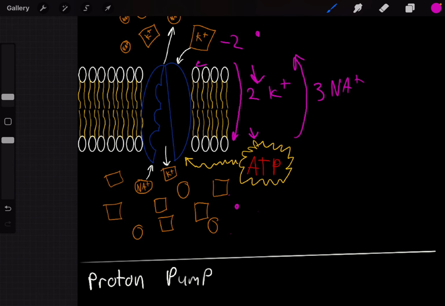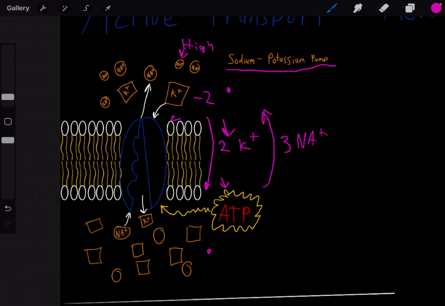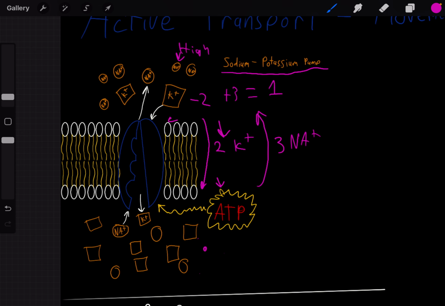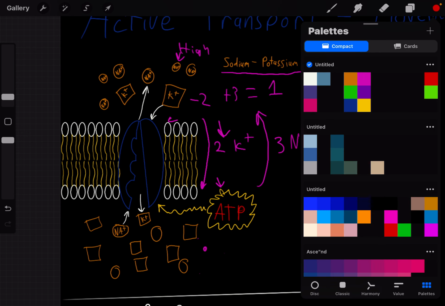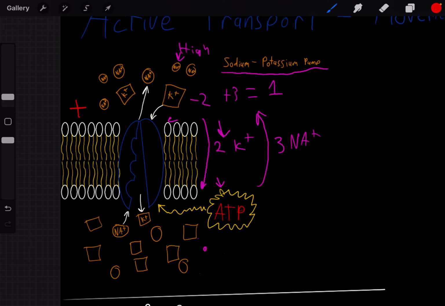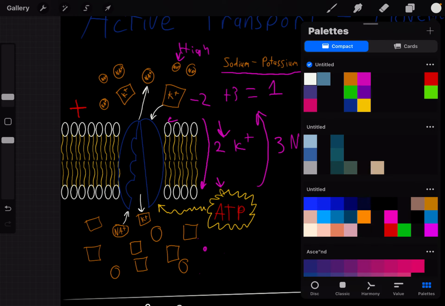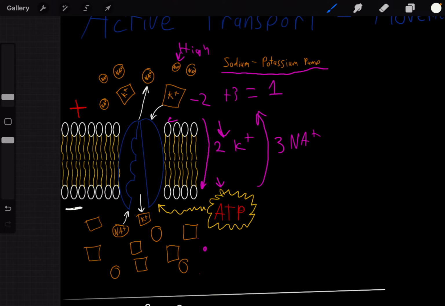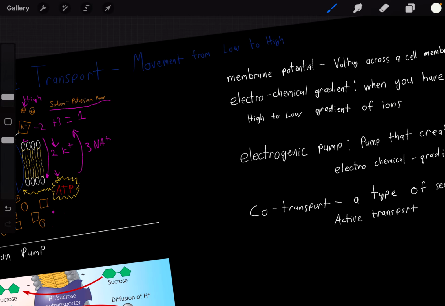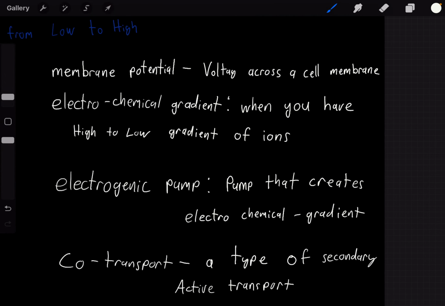But then we're going to be adding 3. This leaves us with a plus 1 charge. This creates a positive charge on this side and a negative charge on this side. This is where electrochemical gradients come into play.